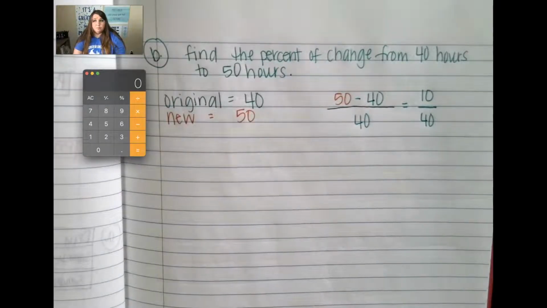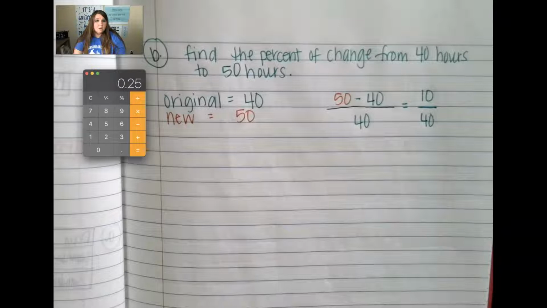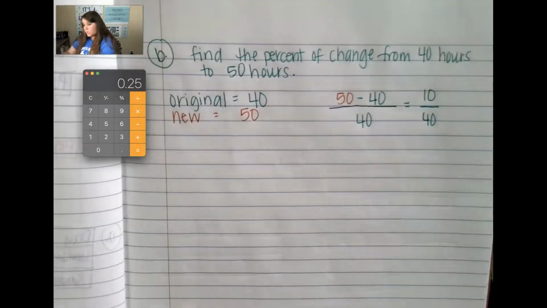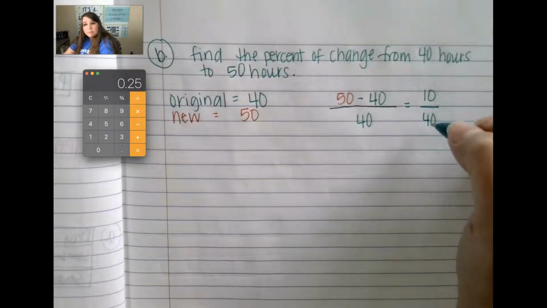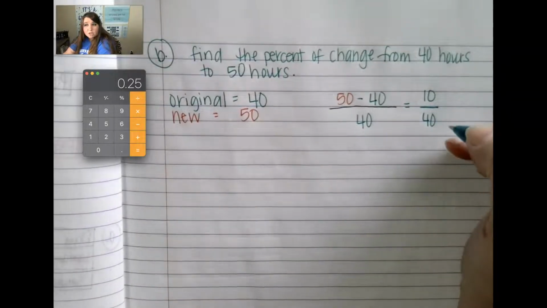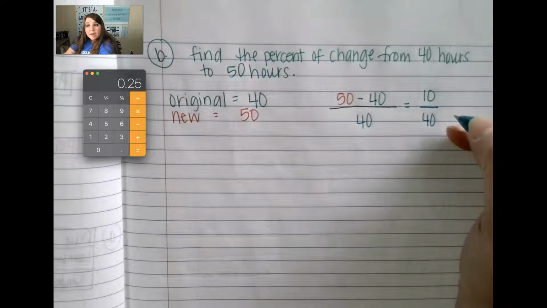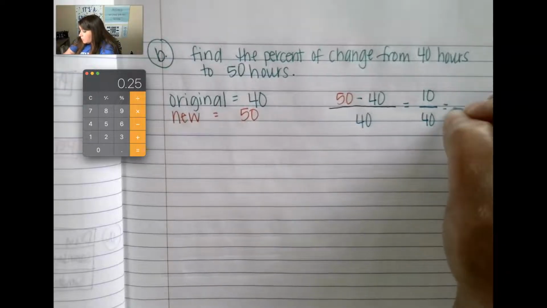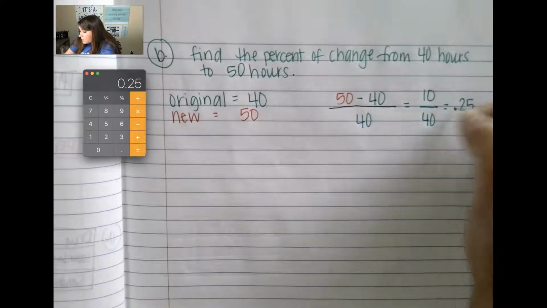Clear it out. 10 divided by 40 gives us 0.25. Or you can do the trick and cross off this and get 1/4. Well, we know 1/4 of $1 is 25, right?